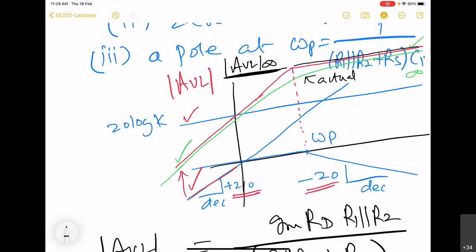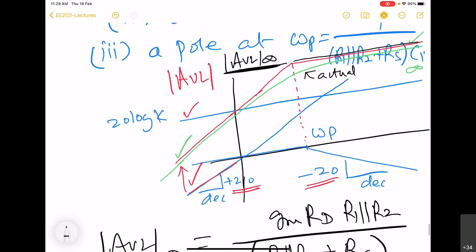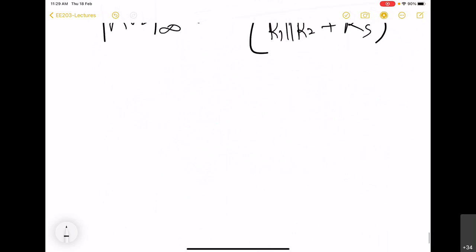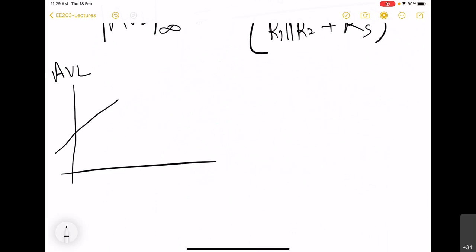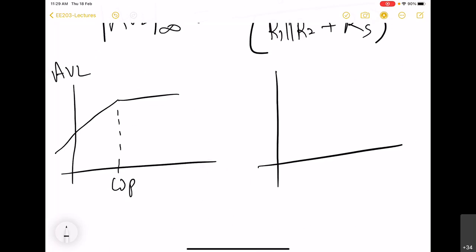So here we have now two types of plots. AVL, which we saw was like this at omega p, and then AVH, high frequency response, which we saw was like this.